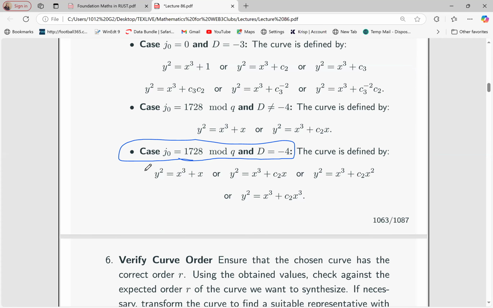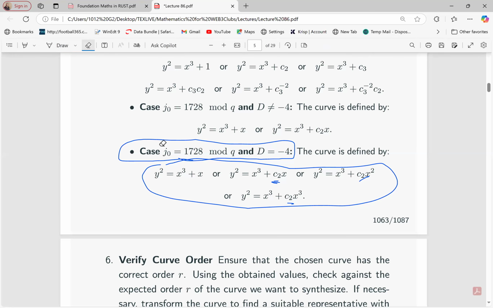So that means your curve could be one of these. So you calculate your C1, calculate your C2, and try. For you to calculate the C2, first of all, you calculate the C1. You don't begin by calculating C2, you calculate C1 first.